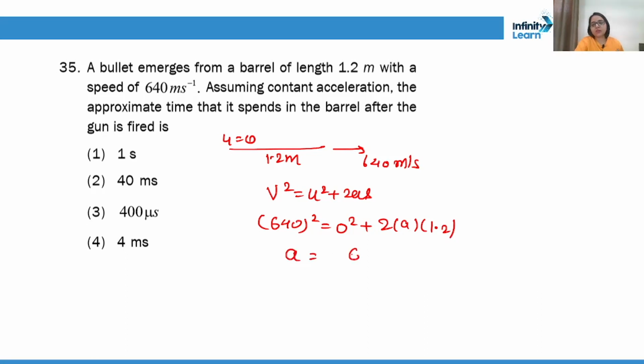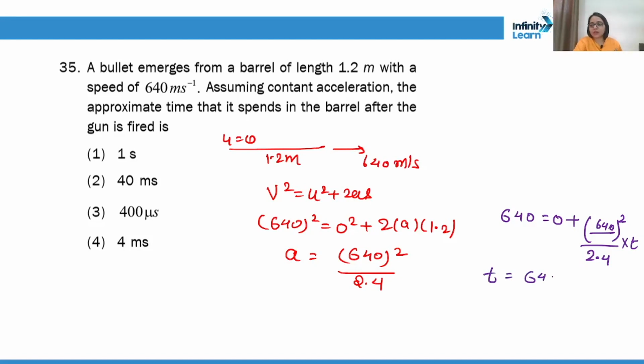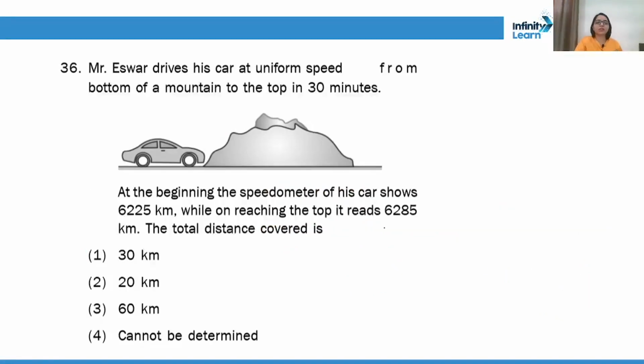So a will be 640 square divided by 2.4. Now let's apply the first equation of motion, v = u + at. 640 = 0 + (640 square divided by 2.4) into t. So time will be 640 into 2.4 divided by 640 square, which is 4 milliseconds.